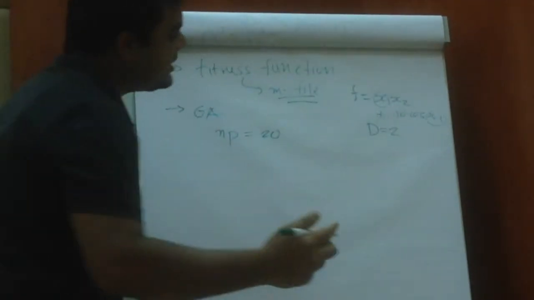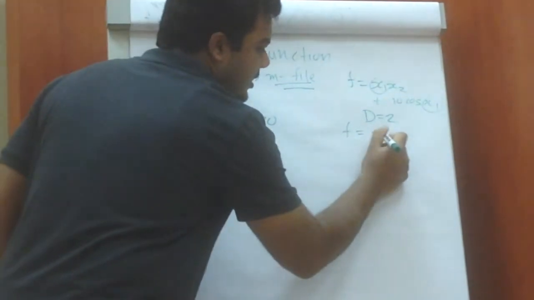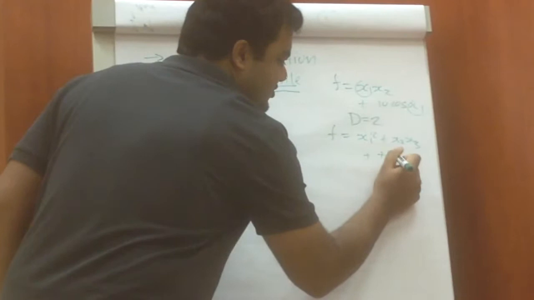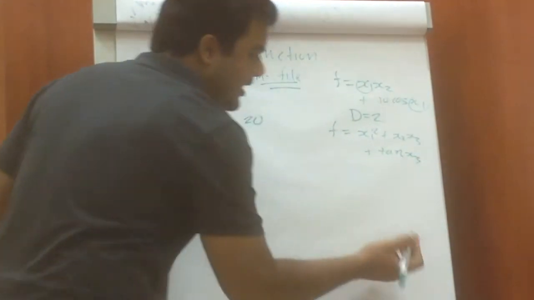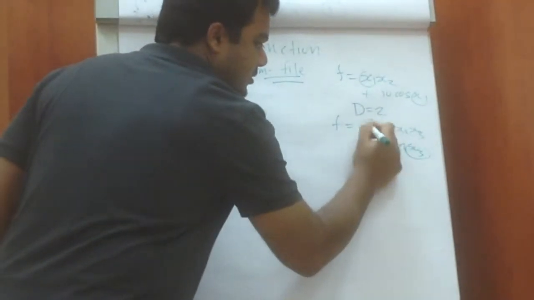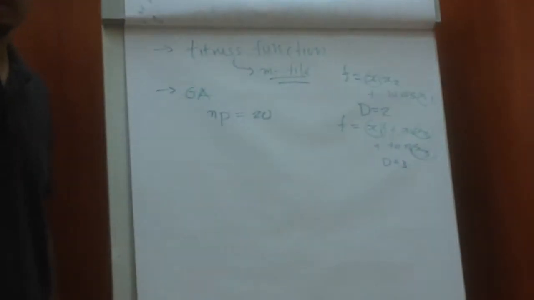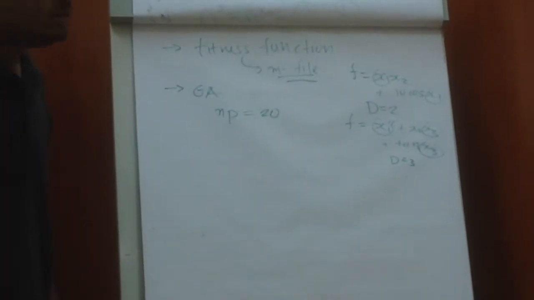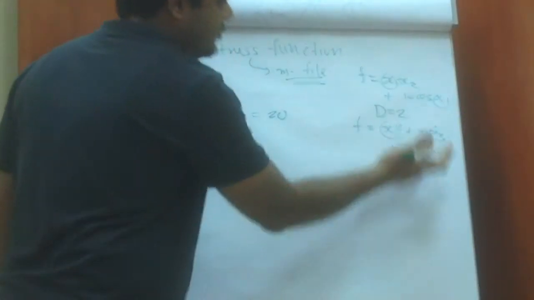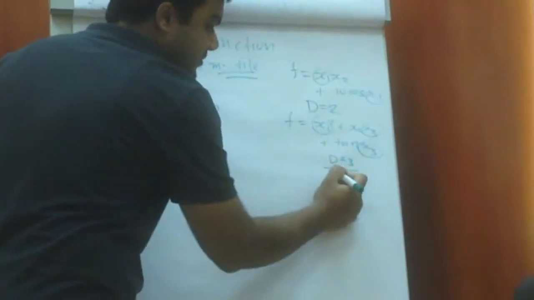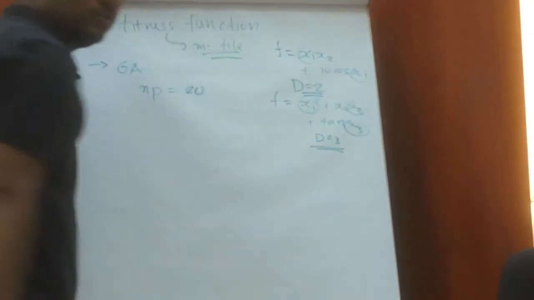If you had some function like x1 square into x2 into x3 into 10 x3, in that case you have three parameters to be optimized: x1, x2, x3. Here you have two parameters to be optimized. So based on this, you have search dimension d is equal to 3 or d is equal to 2.